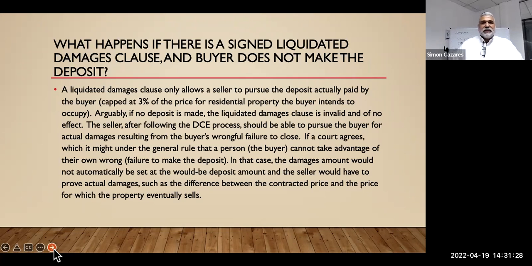What happens if there is a signed liquidated damage clause and the buyer does not make the deposit? I think it's page 5, 6 or 7 on the purchase agreement that has mediation and arbitration, but it also has language about liquidated damages.